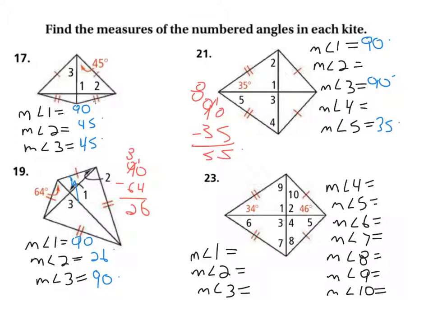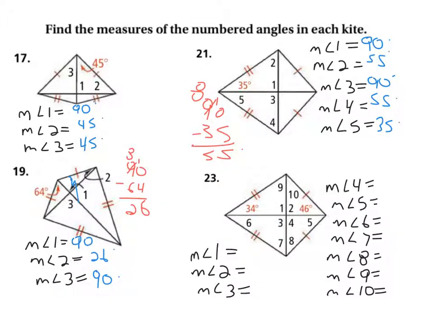And we get 55 degrees. That's what angle 4 and angle 2 are both going to be, because there's symmetry, as I said. So 55 degrees for angle number 2, and 55 degrees for angle number 4.